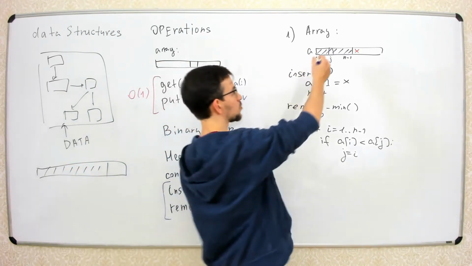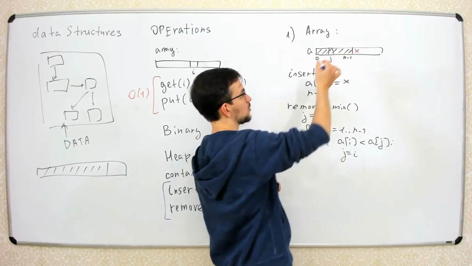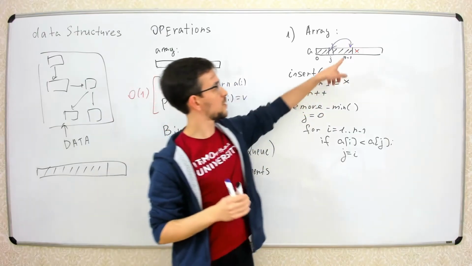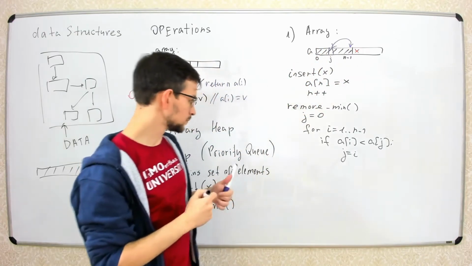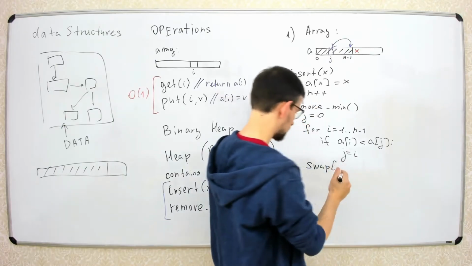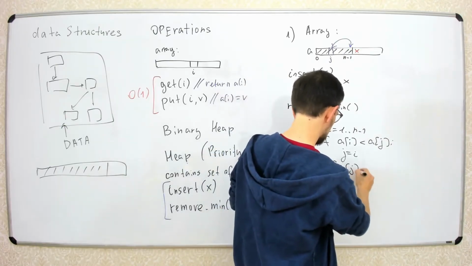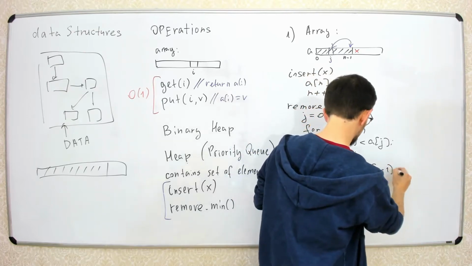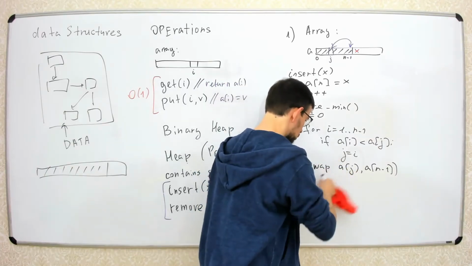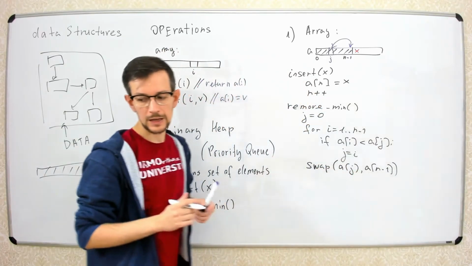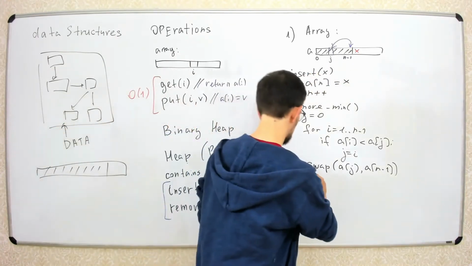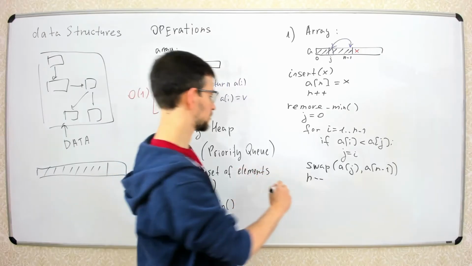So we swap a j with a n minus 1, and then remove the last element, decrease n, and then return.